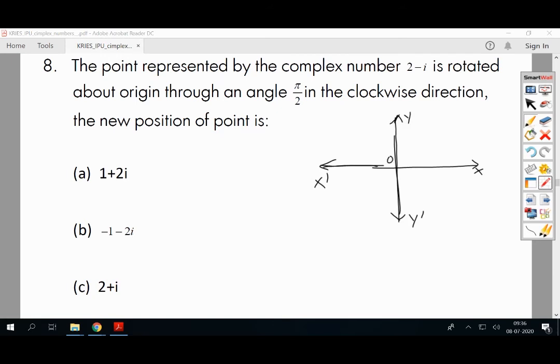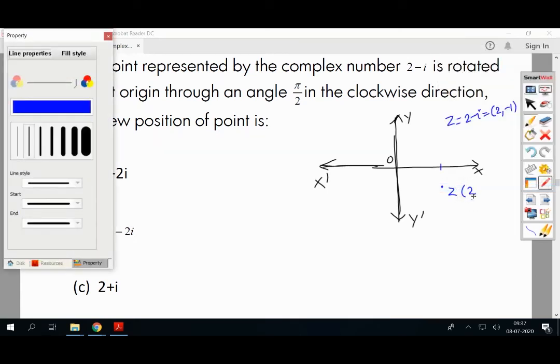X is positive, y is negative. X is 2 and y is minus 1, which means z is somewhere here, it is 2 comma minus 1, right? So this is what you have. Now it is rotated through an angle of pi by 2. So 90 degrees about the origin you are going to rotate.